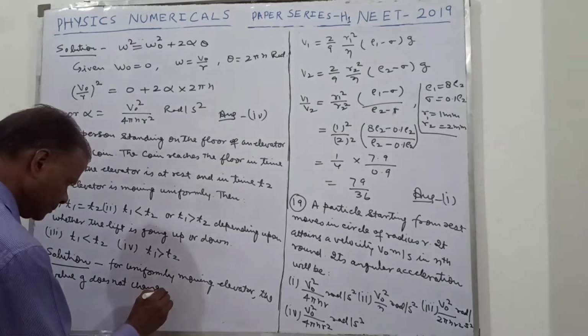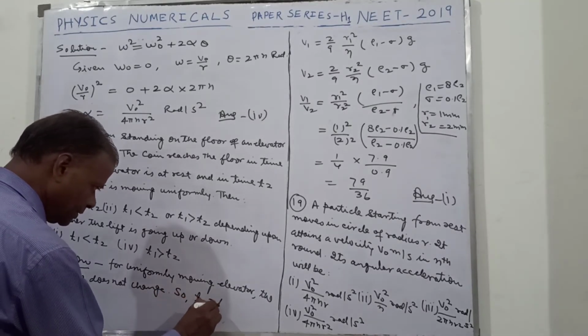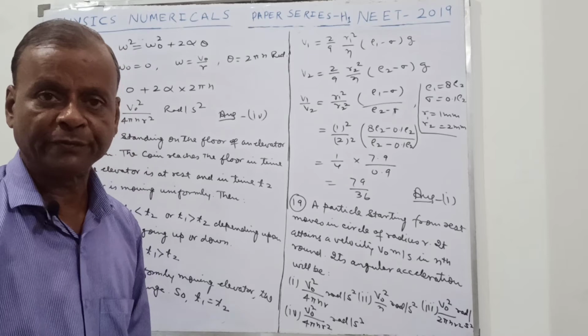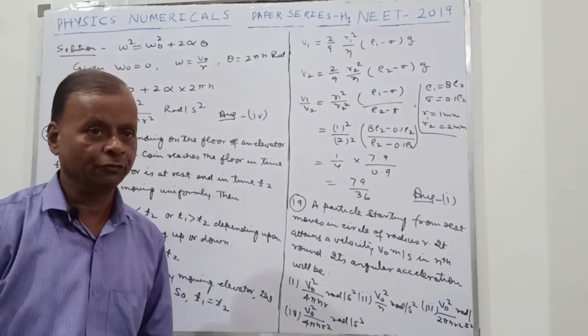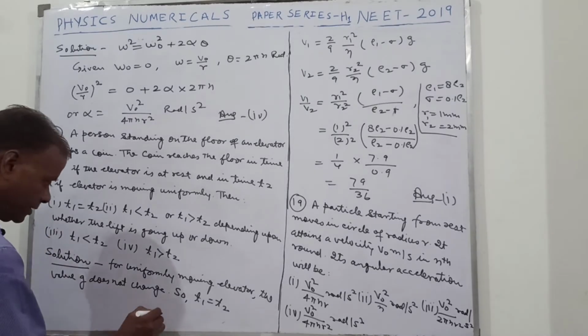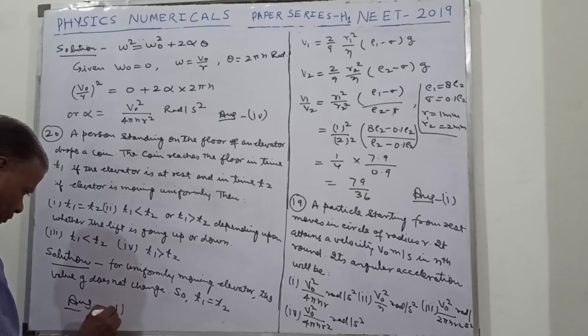So T1 is equal to T2. Time will be the same, whether the elevator is at rest or it is moving uniformly. So our right option must be the first. We have the answer.